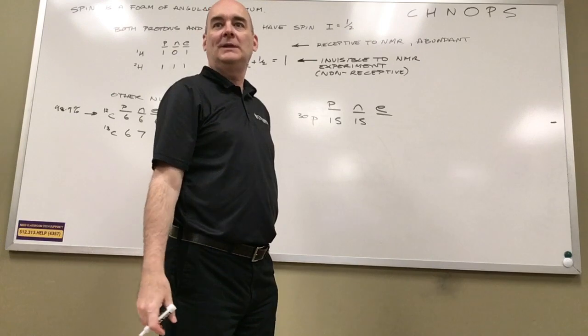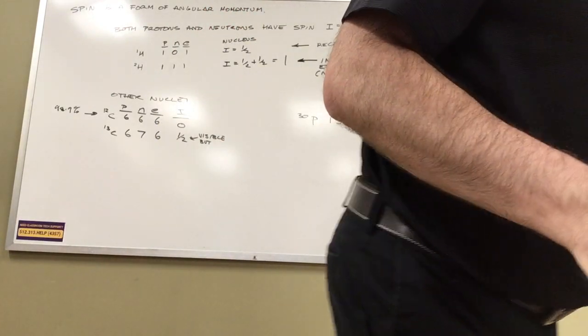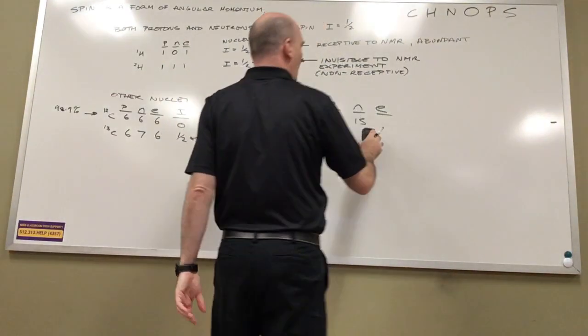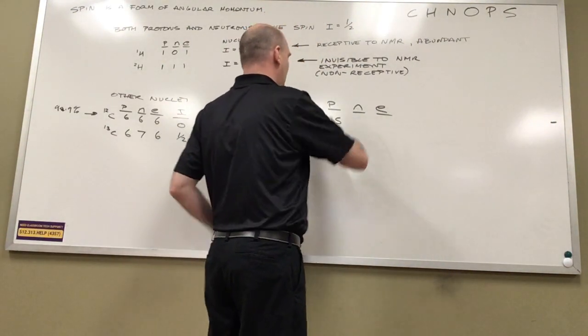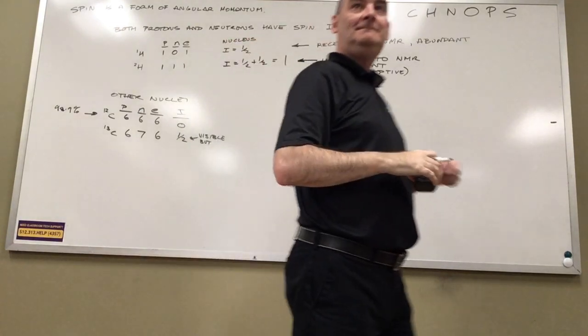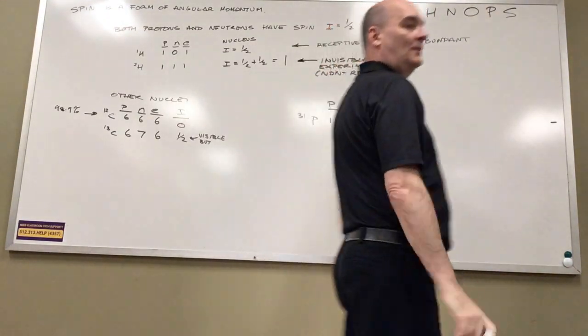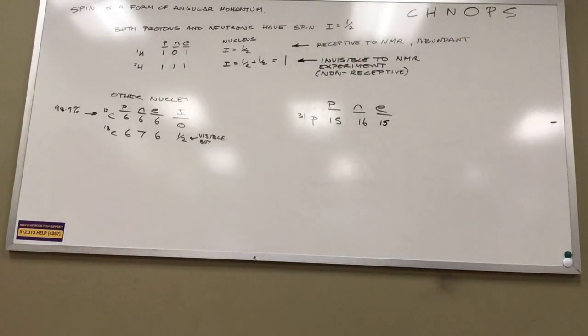It gives me an even mass number, which we know is not going to work out. So how about that one? Yep, phosphorus 31. I've done significantly more phosphorus 31 NMR than I have carbon NMR, which is not, I think, a typical NMR person's experience.